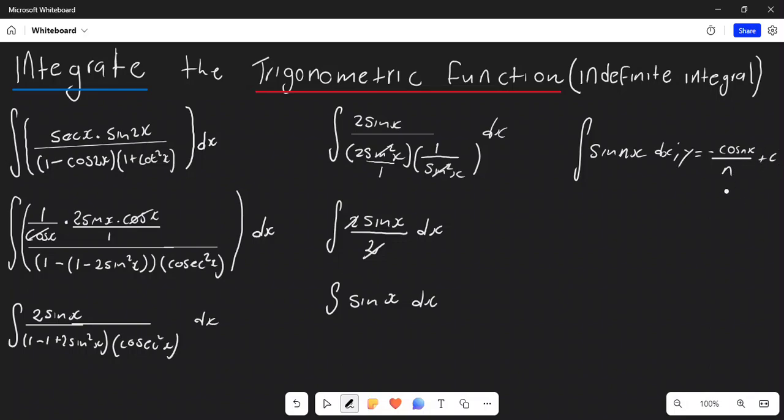Remember, c stands for constant, guys. So when we write our integral here, that's going to give us negative cos x. Remember, our coefficient is 1, so we're going to divide by 1. It's going to be negative cos x plus c. So this here, guys, is the final answer of this function here.